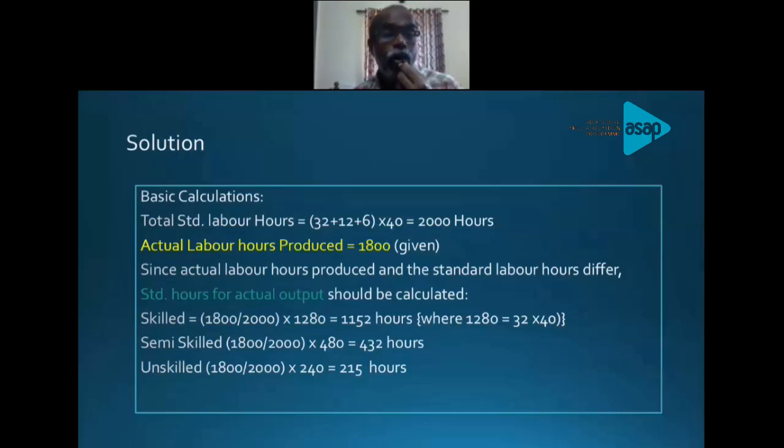So the standard hours for actual output is computed as 1,152, 432, and 216.